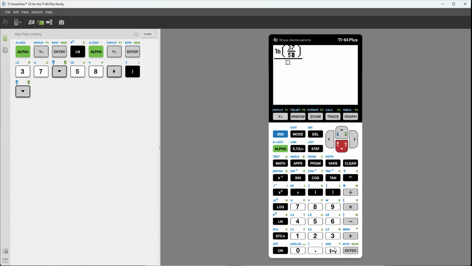And then down here I had a negative 0.061. So y'all, they're rounding to the nearest year, remember? So when I hit enter, I get 7.36. So I'm going to leave that at a 7. So that would be 7 years for me to go from 58 million cars to 37 million cars.